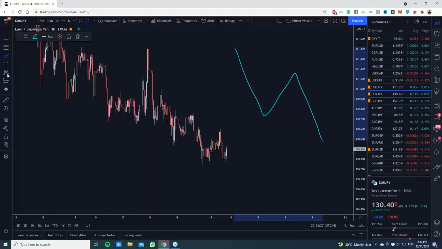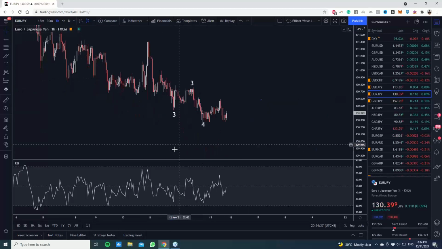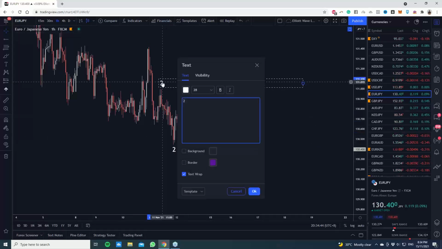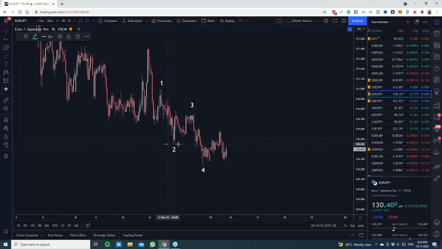Because if I start to put it this way, let's say this is 0.4, this is 0.3, this is 0.2, and then naturally that will be 0.1. It is a downtrend, you can see that.